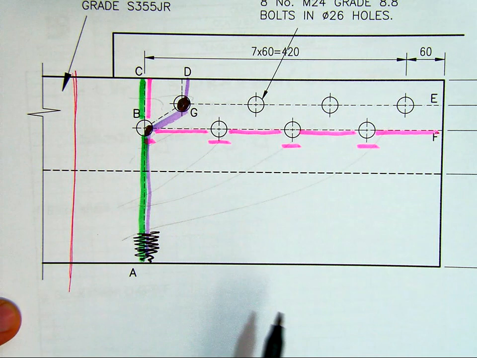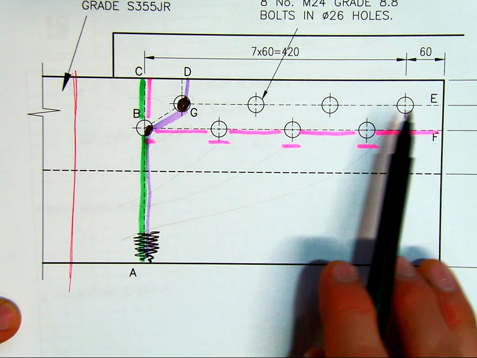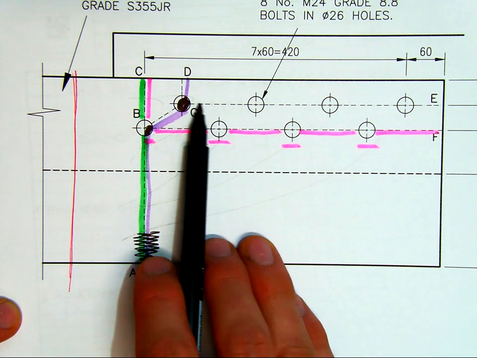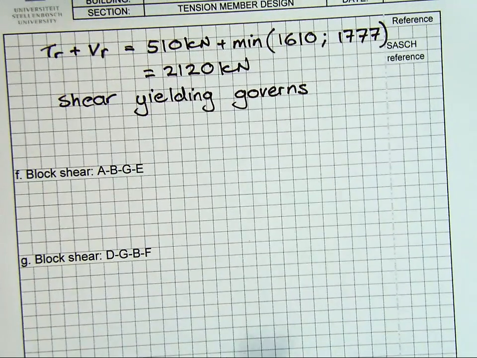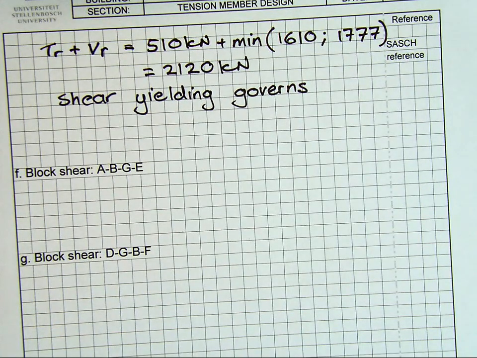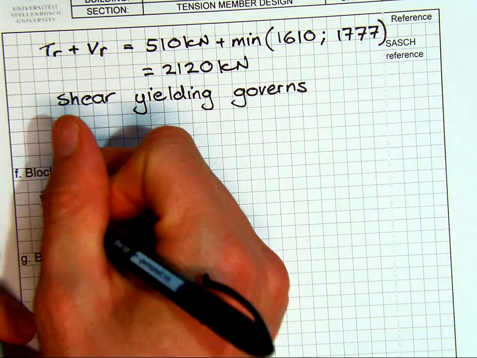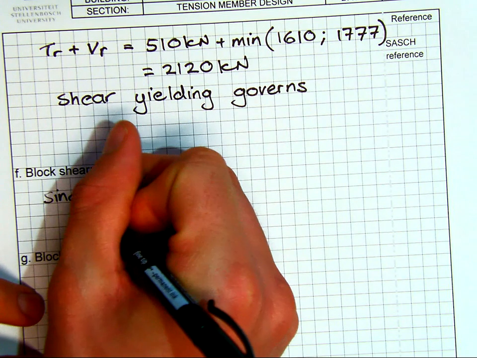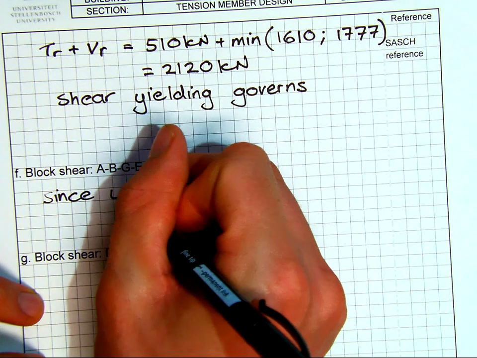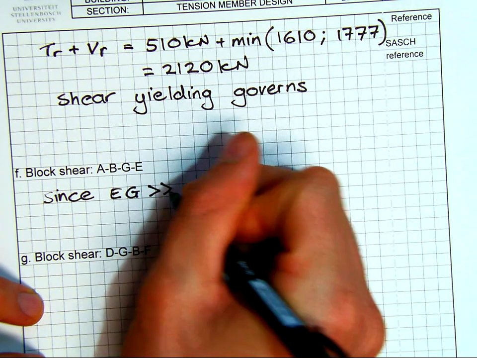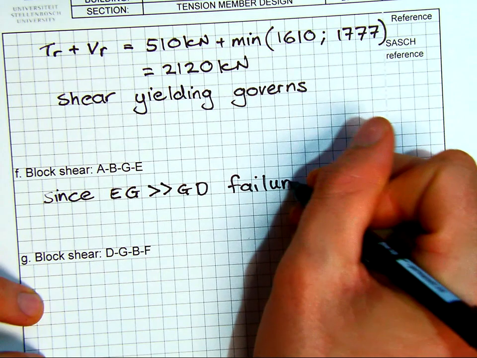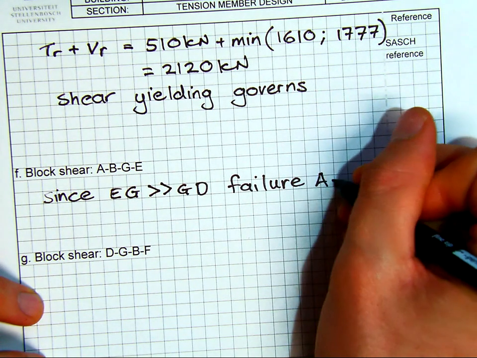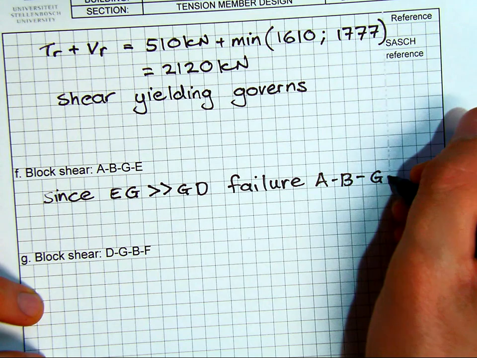So by inspection, we don't need to check this, because we know the fact that this area is probably more than 10 times larger than this. We can just make a note saying block failure along ABGE. And just so we can confirm, since EG is much greater than GD, failure ABGE will govern.